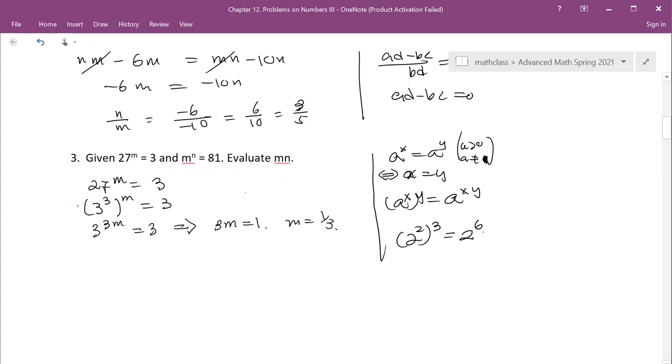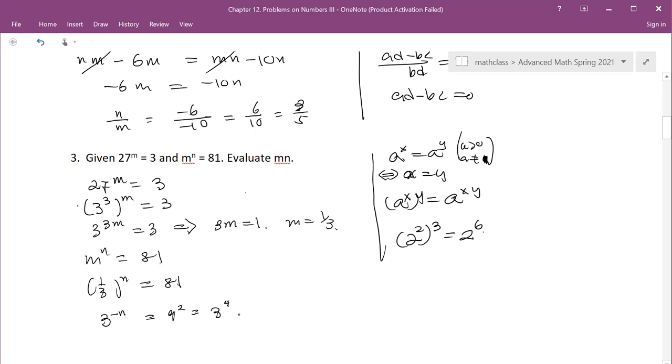Now m equals 1/3, so the second equation becomes (1/3) to the power n equals 81. Now how can I compare both sides? Everything should be converted to 3. The left-hand side is 3 to the negative n. On the other side, 81 is 9 squared, and 9 is 3 squared, so it's 3 to the 4th power.